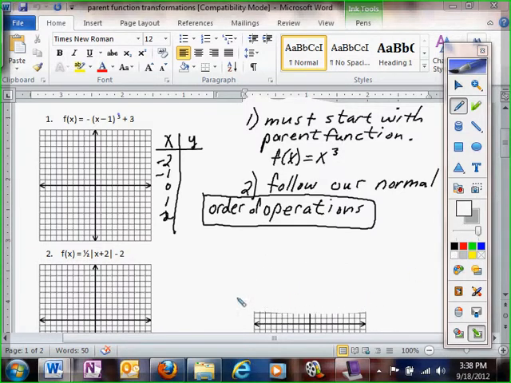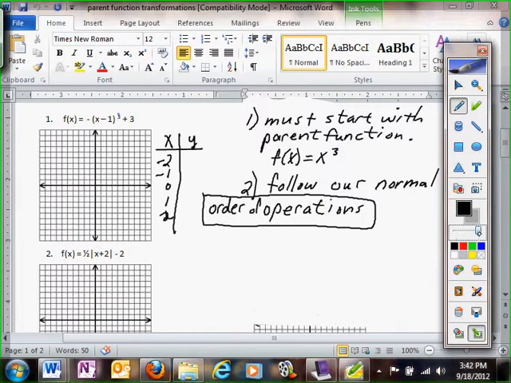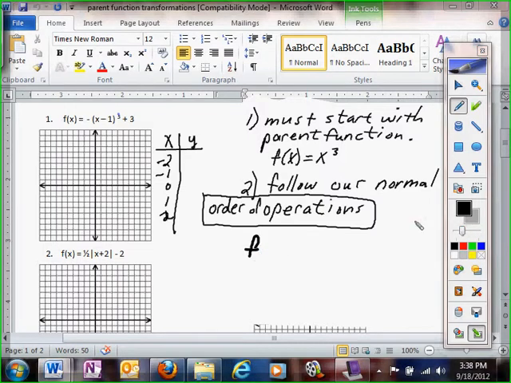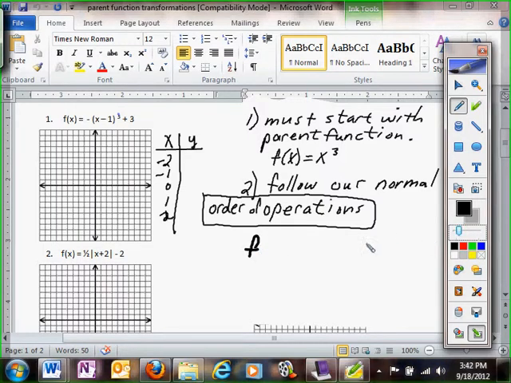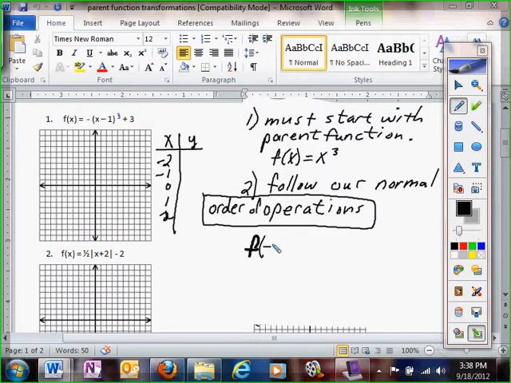And so what we're actually doing here is saying, okay, well, f of negative 2 is x to the third, right? This is my parent function I'm looking at. X to the third. Make a set of parentheses for every place you had an x, and now substitute this negative 2 in.